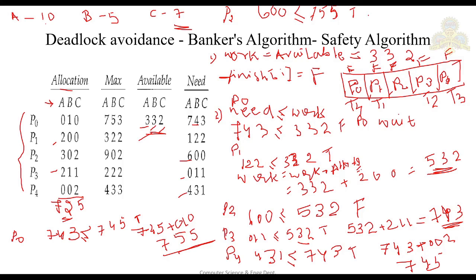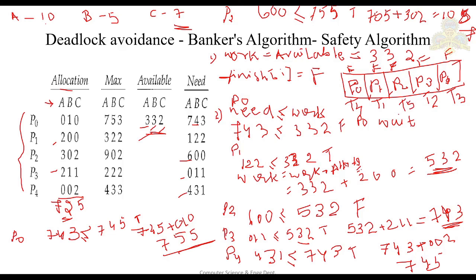Work is equal to work plus allocation. The current value of work is 755 plus the allocation of P2. What is the allocation of P2? 302, right? 302. How much you'll get? 7 plus 3 is 10. 5 plus 0 is 5. And 5 plus 2 is 7. So your process P2 has been executed or it terminates.